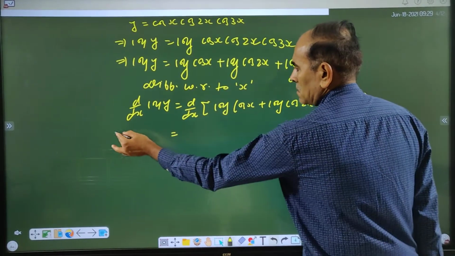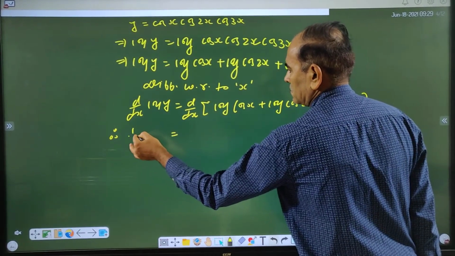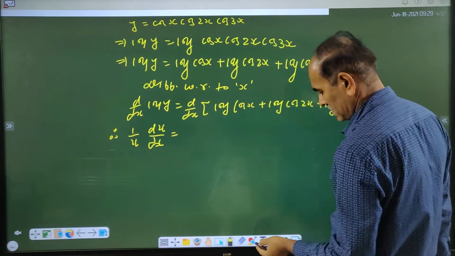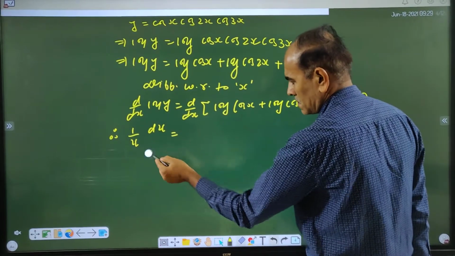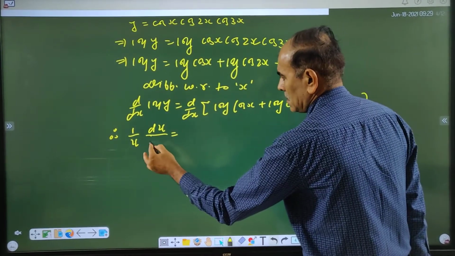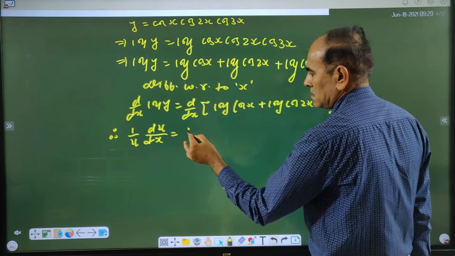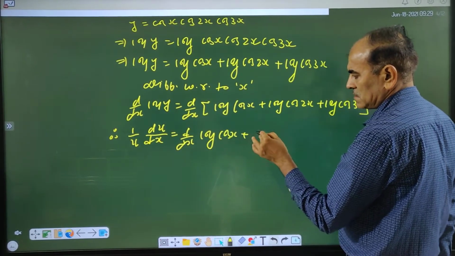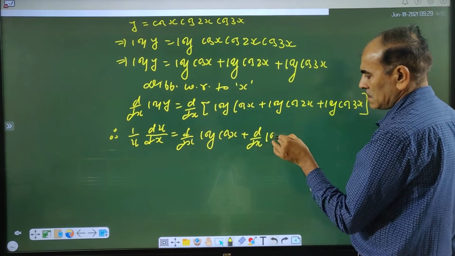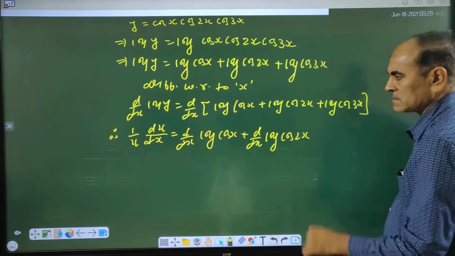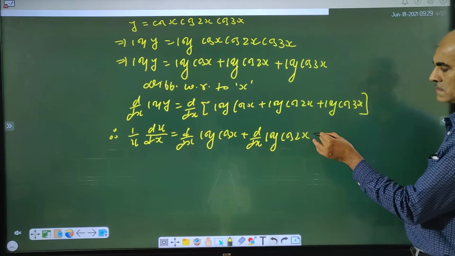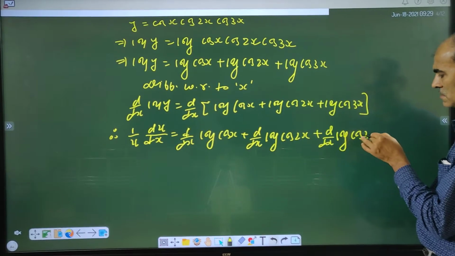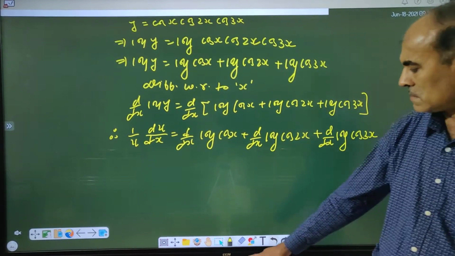So that is equal to, therefore, log something, 1 by something, d by dx of something. Separate term by term: d by dx of log cos x plus d by dx of log cos 2x plus d by dx of log cos 3x. Yes or no? Yes.